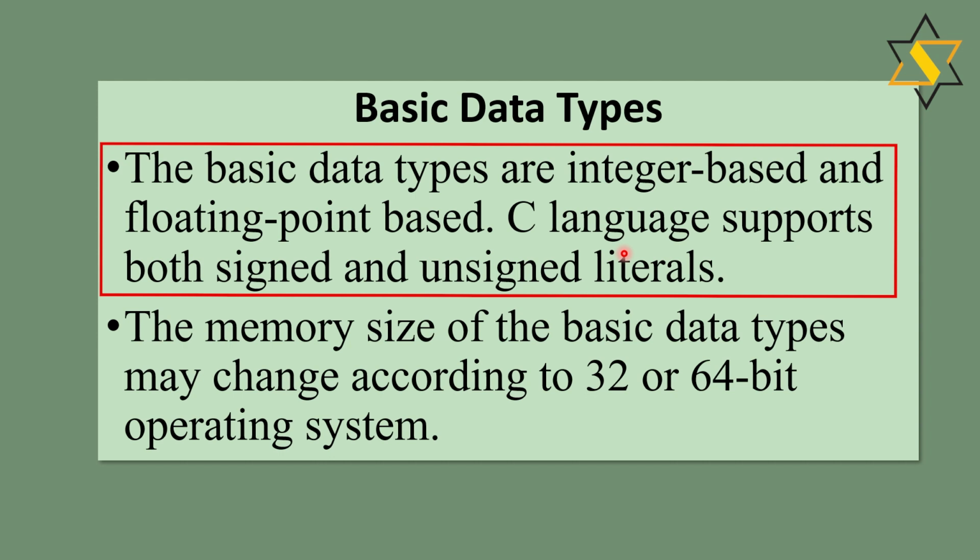For example, int a: how much memory is allocated for a? How much for int b? The memory size for the basic data types may change according to whether you are using a 32-bit or a 64-bit operating system.